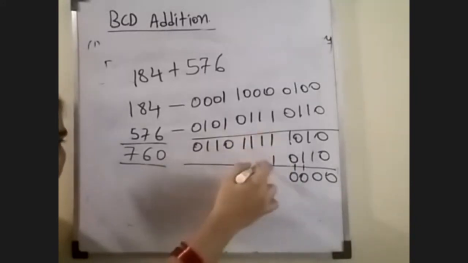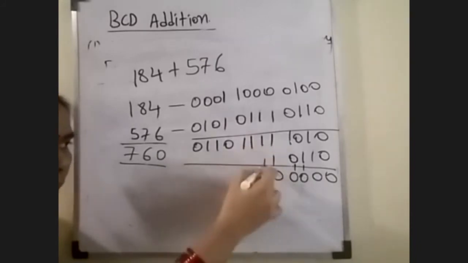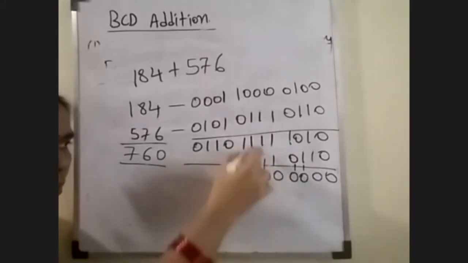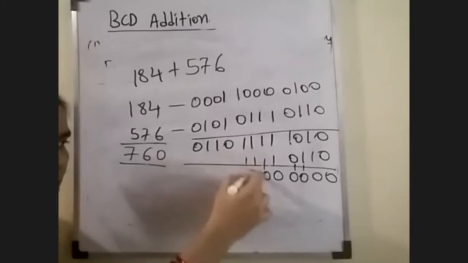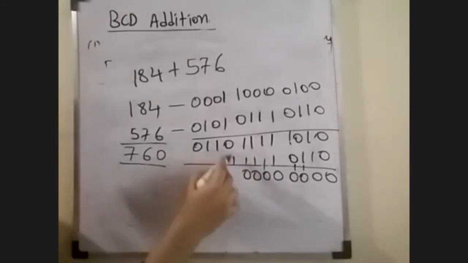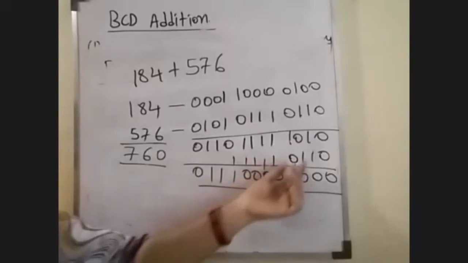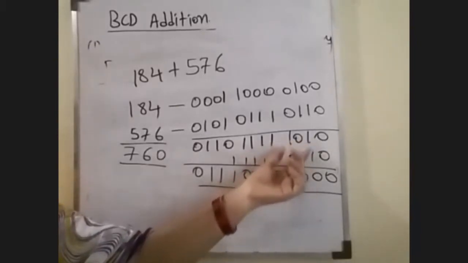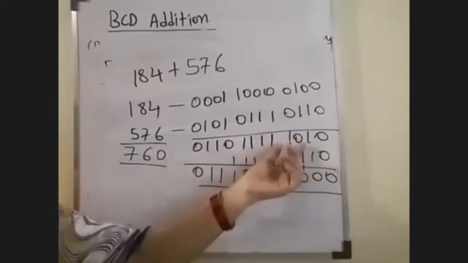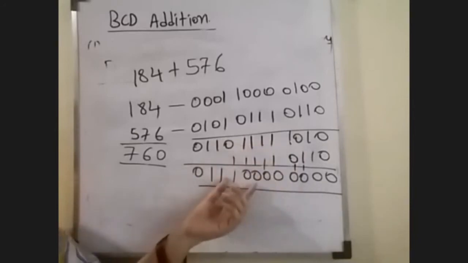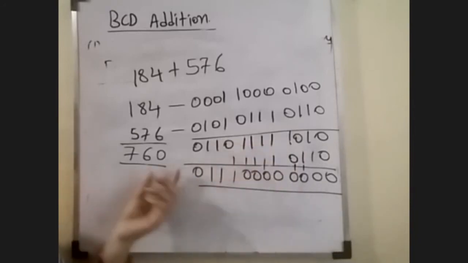1 plus 1, 10. Here 1, 1, 1, 0. So for adding the 6 value to this value, you got this result, right? So again you will cross check.